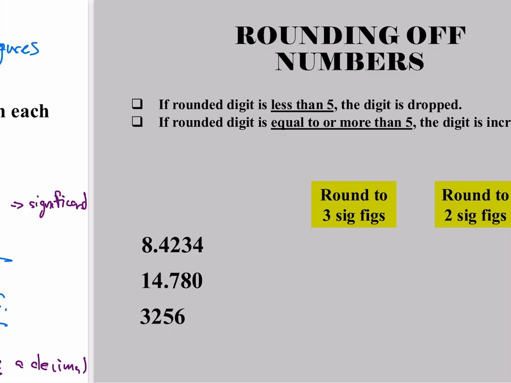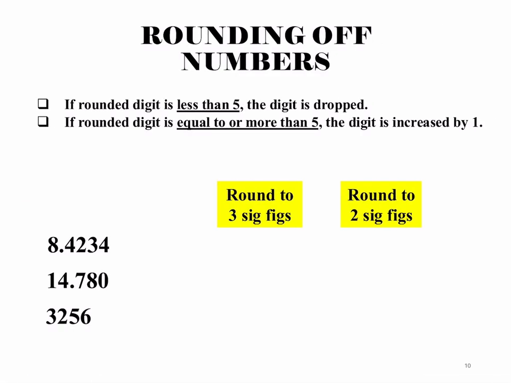All right, so here we also have to think about rounding, right? So if we have an answer for a calculation, like this. You plug this in your calculator, you get something like that, and you know that you're only supposed to have 3 sig figs in your answer. You're going to have to round it to account for the correct number of sig figs. So we're going to use a basic rounding rule here.